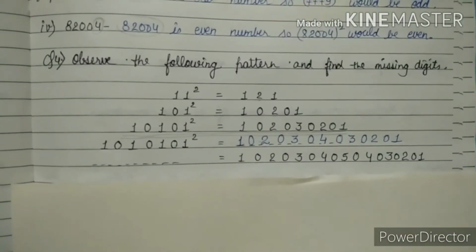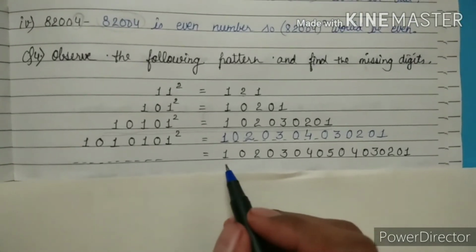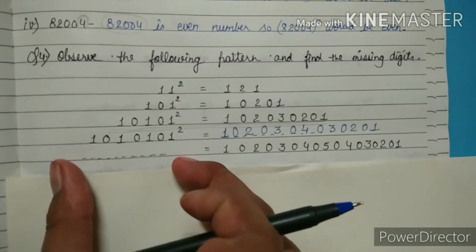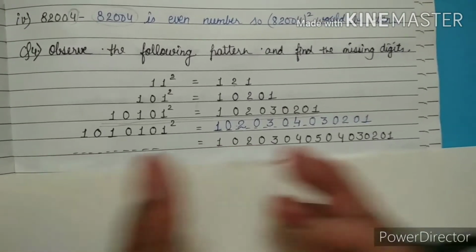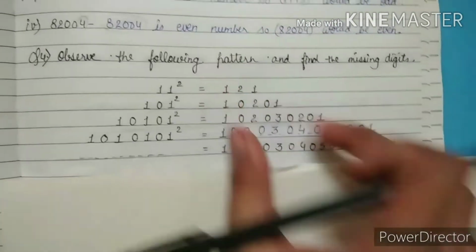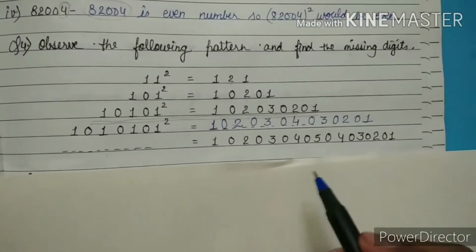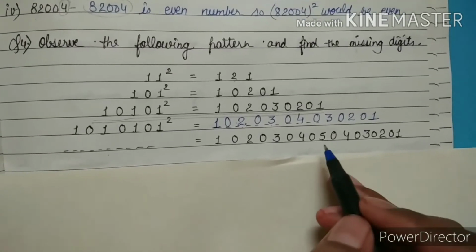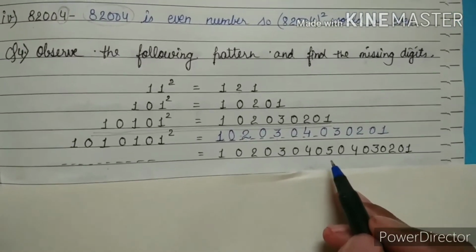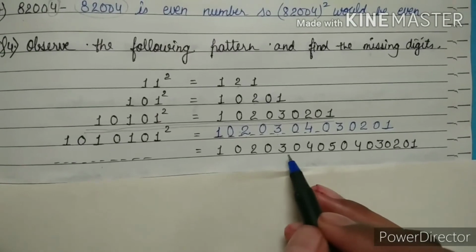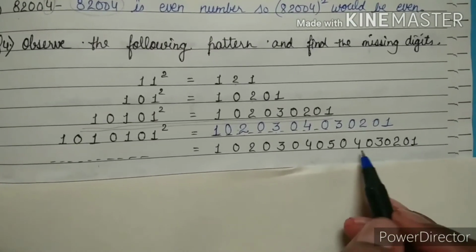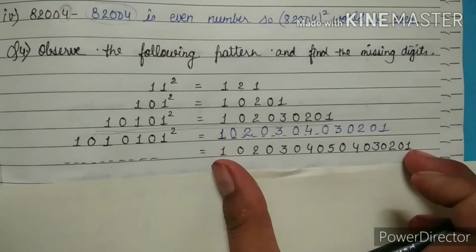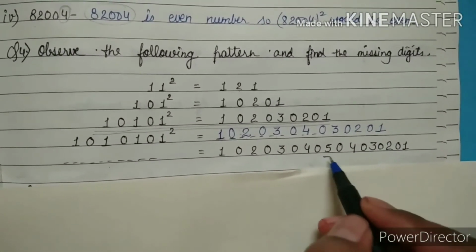Now the last one: they have given us the square of a number, but we have to find the number whose square is there. We have already seen the pattern. We look at the uppermost number that is given here: 1 0 2 0 3 0 4 0 5 0 4 0 3 0 2 0 1. Which is the biggest number? 5, coming in the middle.